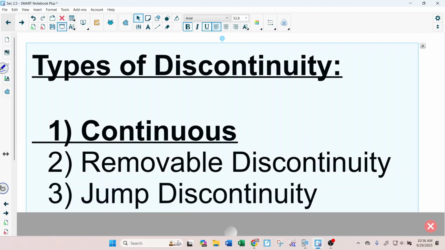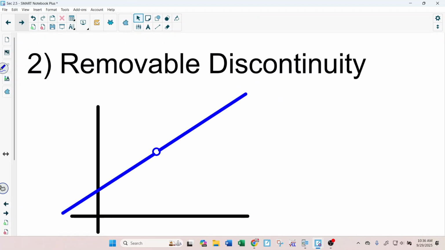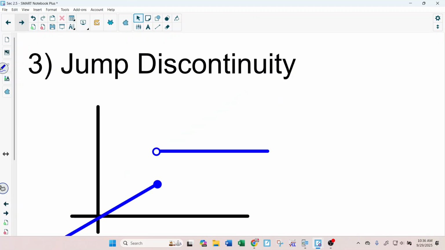Our third one is jump discontinuity. So we have removable, we have jump, and a jump discontinuity kind of looks like this. Which the graph does what? It takes a jump. There's a break in it, right? So that's jump discontinuity.